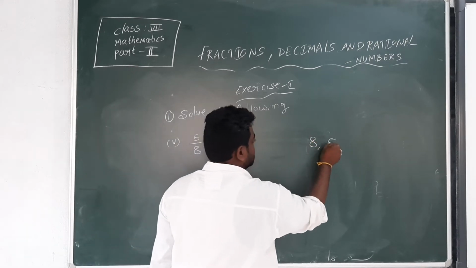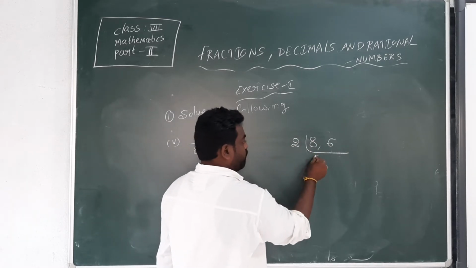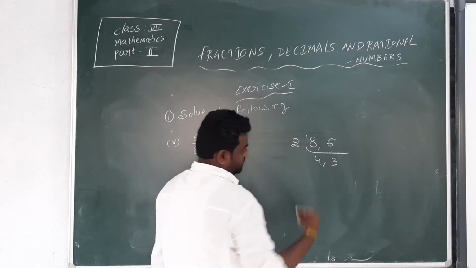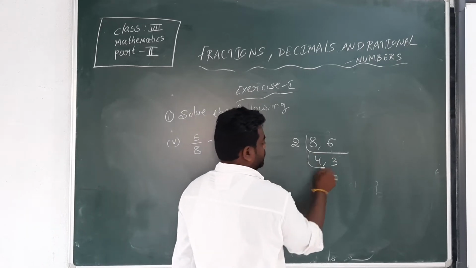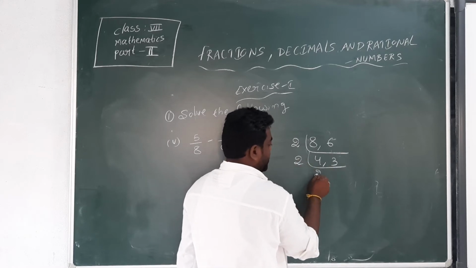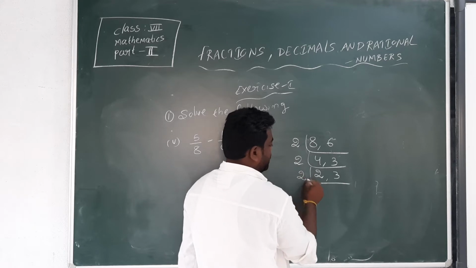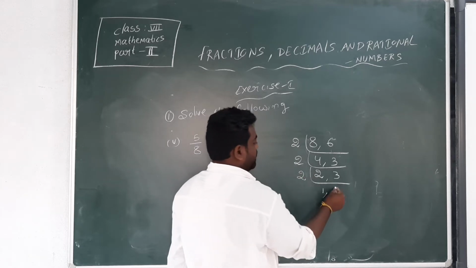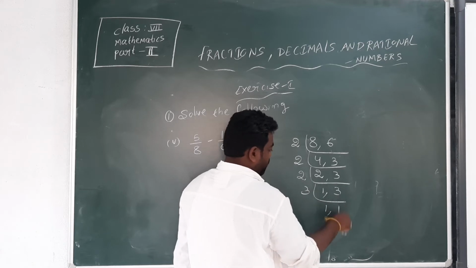8 and 6: 2 table, 4 times, 3 times. Next, 2 table 2 times, 3 not possible. Another 2 table 1 time, 3 not possible. So 3 table 1 not possible, 3 one time.